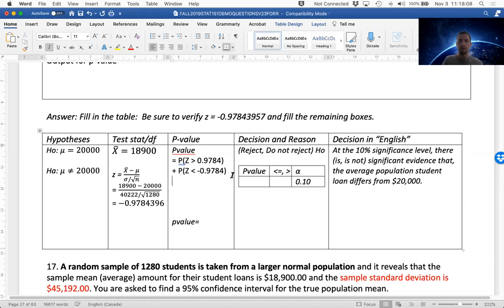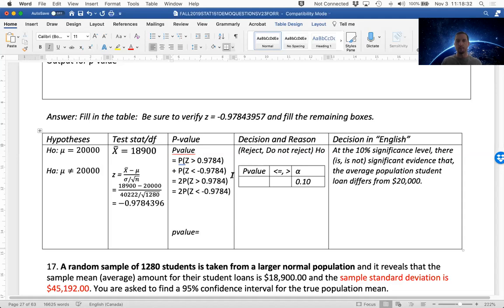Now, because the curve is symmetric, this is 2 times the probability z is greater than 0.9784, which is equivalent to 2 times the probability z is less than negative 0.9784.